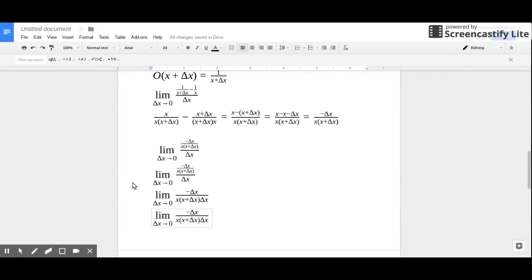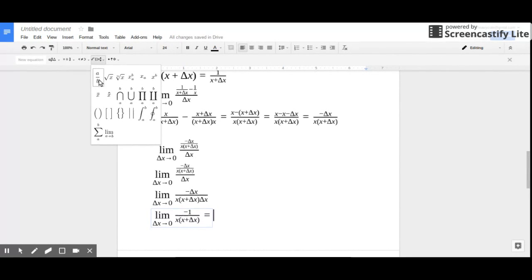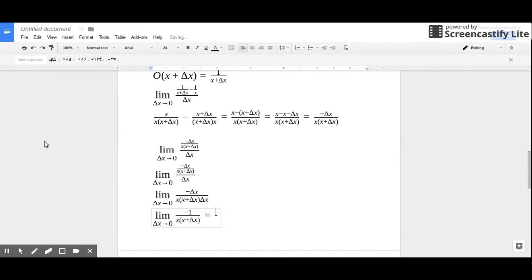All right, so we're going to cancel this guy out and cancel that out. However, we'll be left with a negative 1 up here. Now what we can do is go ahead and do the direct substitution. So we've got all that simplified down. We're going to end up with a negative 1 up here.